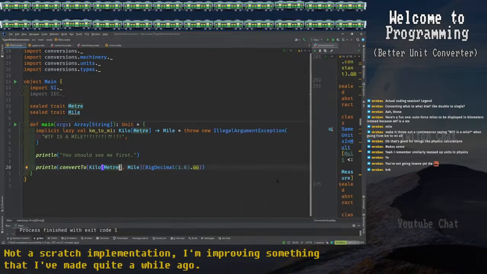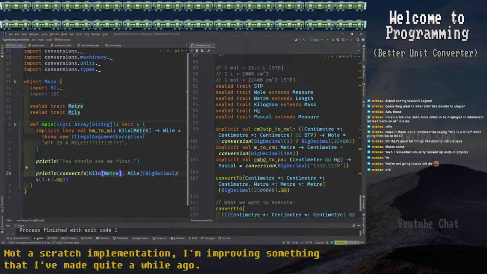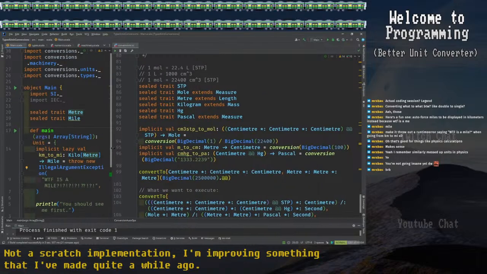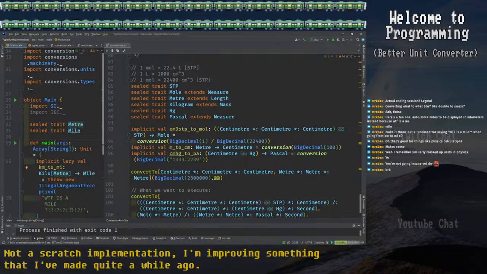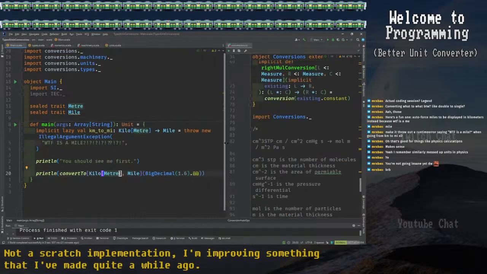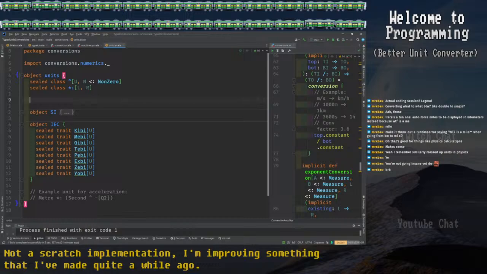Fine by me. Let's encode... Oh, hang on a minute. Let me actually also do one more thing.